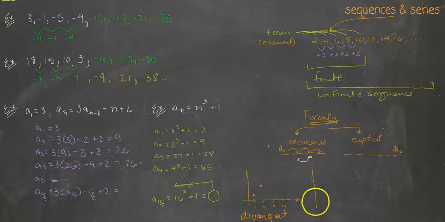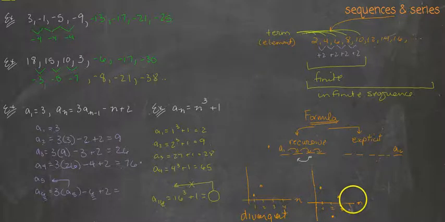Another way that the points may behave is that they may bounce around a bit. So maybe the first point is up here, and the second point is kind of here, and the third point is kind of here, and then the fourth point is kind of here, and they might bounce back and forth, but notice how they seem to be converging towards some point.